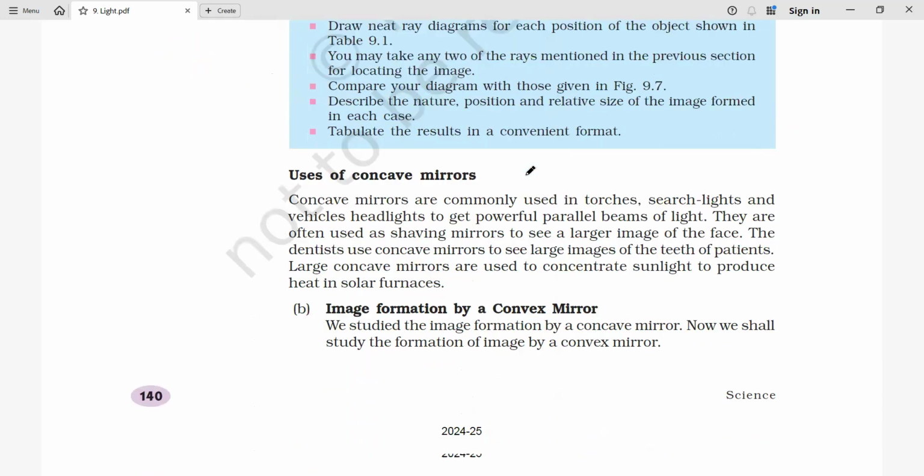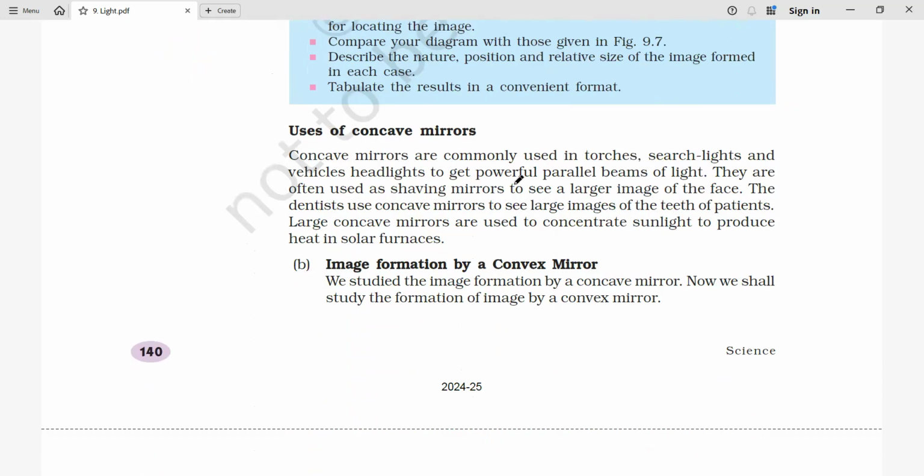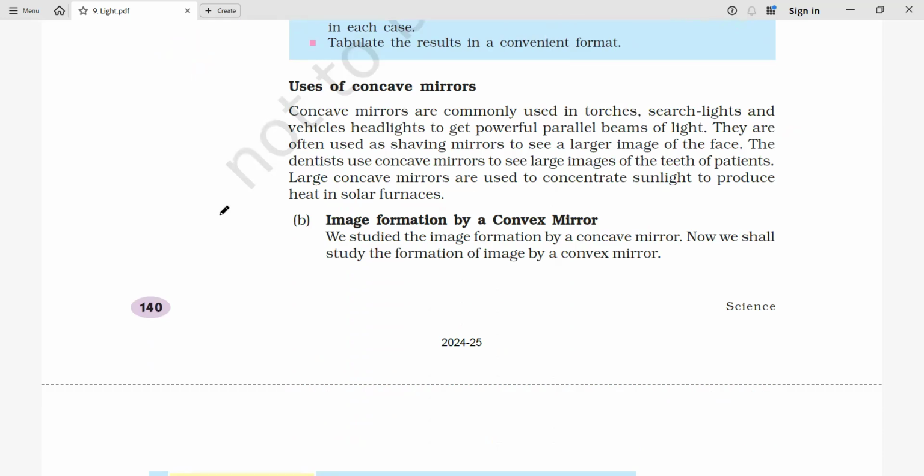Now the applications are important. They will ask you questions, MCQs or real-life application questions. Concave mirror applications: it is used in torches, searchlights, and vehicle headlights to get a powerful parallel beam of light.